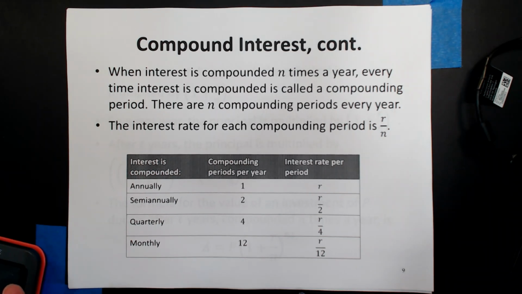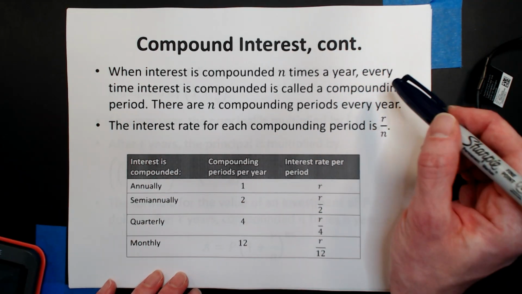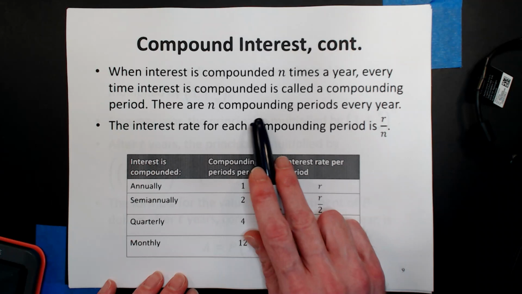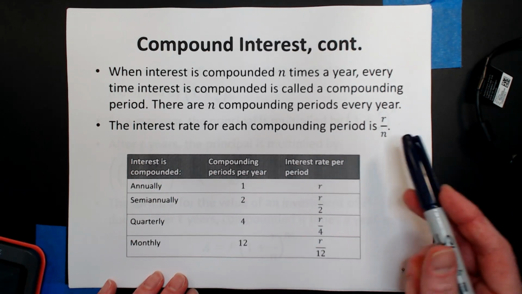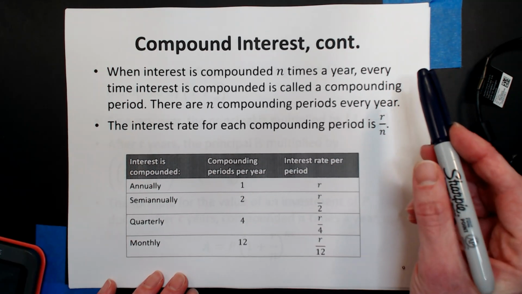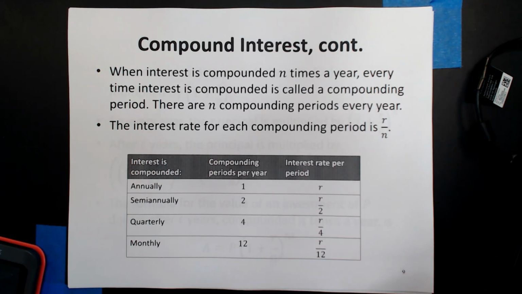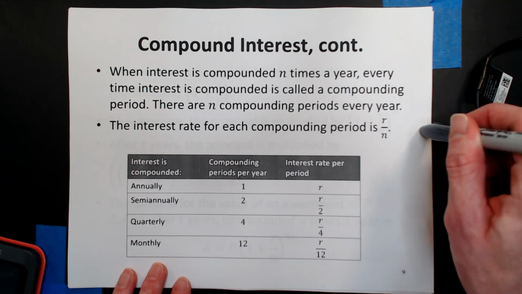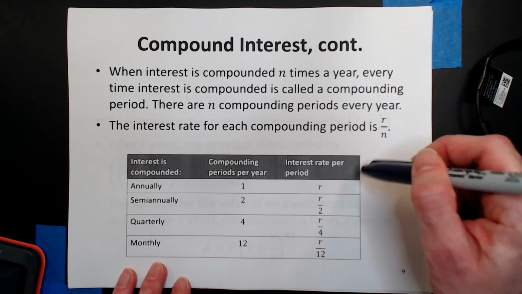Now they may not compound it at the beginning of every year. Some banks compound it daily, weekly, monthly. Usually it's monthly. Some places are semi-annually. But it's compounded n times a year. Interest compounding is the compounding period and compounding times per year. The interest rate is going to be split up between those times it's compounded because it's an nth unit of an entire year. Because if I add all these together, I should get R back out, and I added n times, so my n's would cancel.